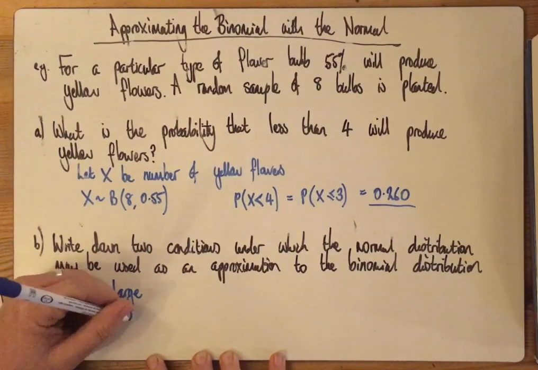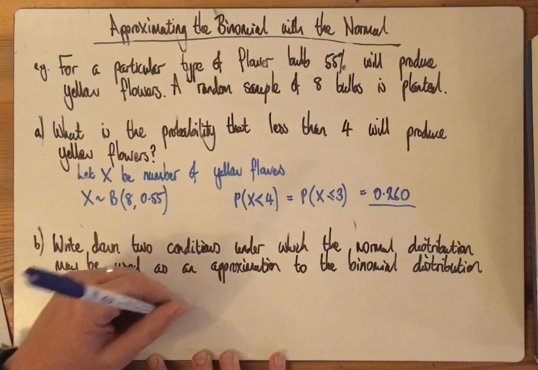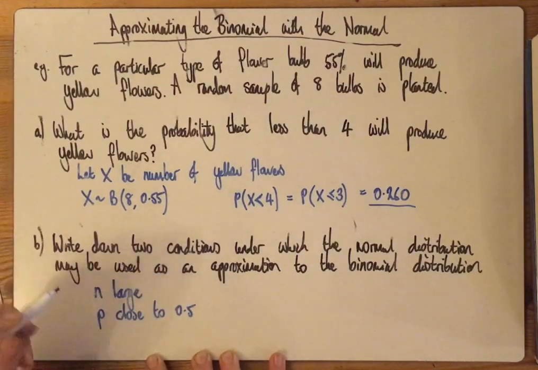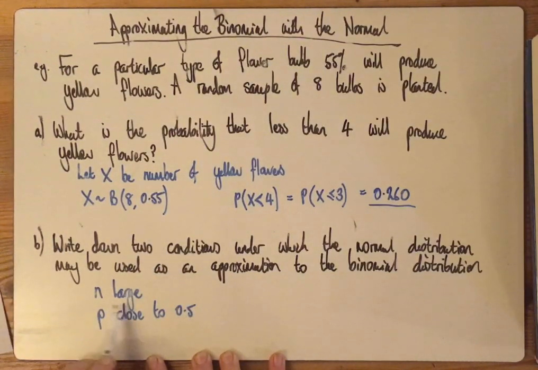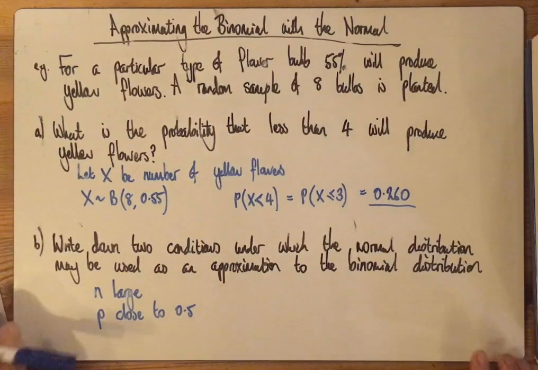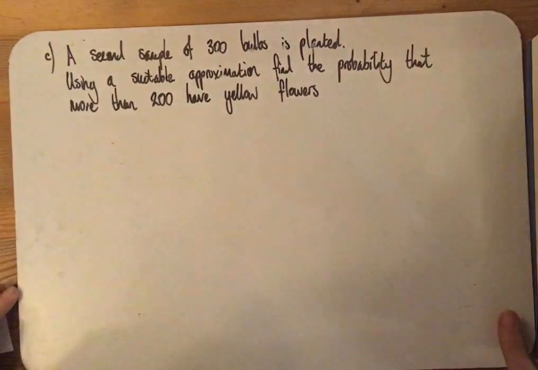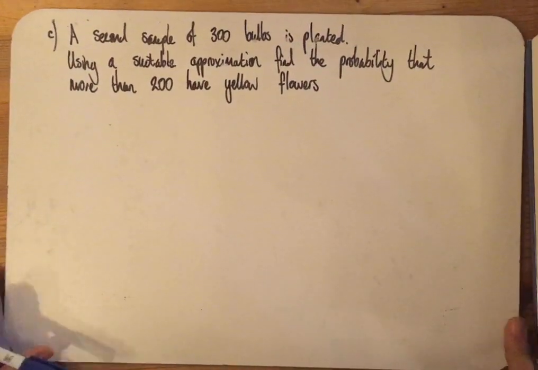And p close to 0.5. And then you get a good approximation. So as a rough rule of thumb, I'd say n bigger than 20 and p close to 0.5, so definitely between 0.4 and 0.6, if not a bit closer than that. If it's an approximation question on an exam question, it will just be quite close to 0.5, so don't worry, and n will be quite big.